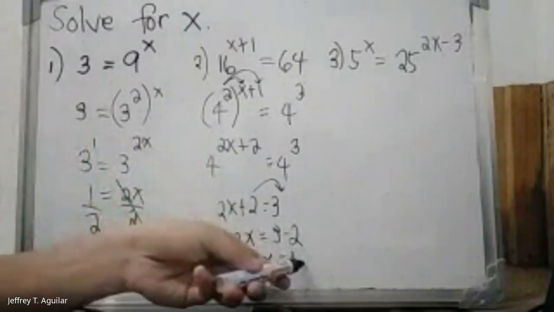So let us continue here. So this is now 2x equals 1. If we're going to solve for x, then we have to divide both sides by 2. Dividing both sides by 2 to get x, so that you're going to cancel that, and x is equal to 1/2. This is now our answer.